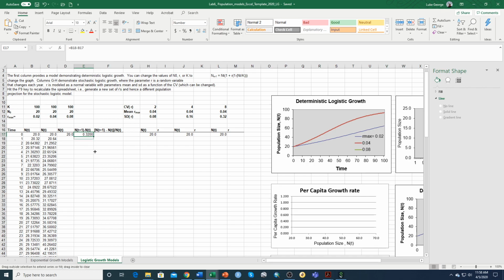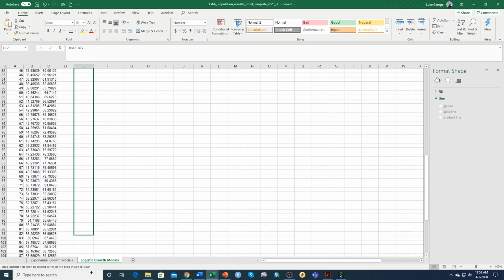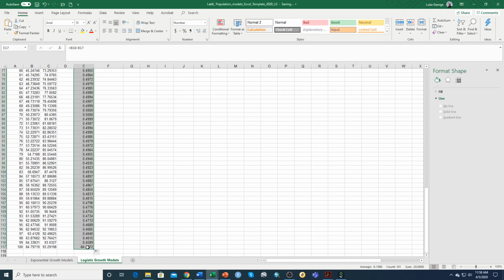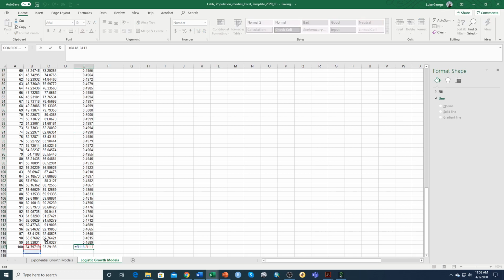Once you've got that equation for a change in population size, you can copy that down to 99. If you go to 100, you'll get this strange value, because it's saying take what's in the next time step and divide it by the number in this time step.